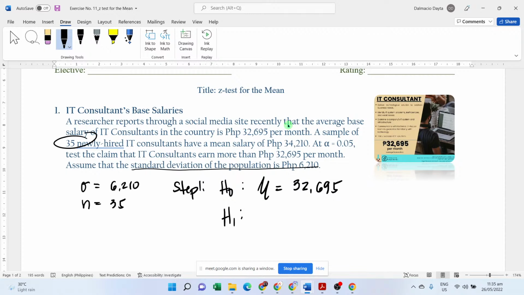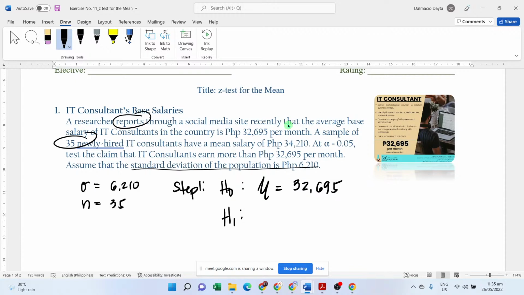A researcher reports, that is his claim, through a social media site recently that the average base salary of IT consultants in the country is 32,695. Now, yun yung kanyang report, but in a study, 35 newly hired IT consultants have a mean salary of 34,210, which is obviously greater than 32,695. So this is what we are testing.